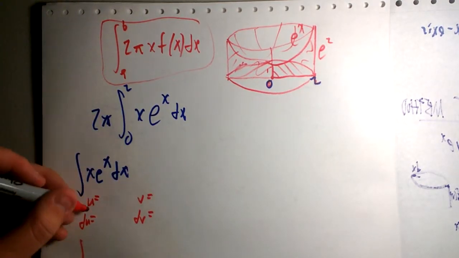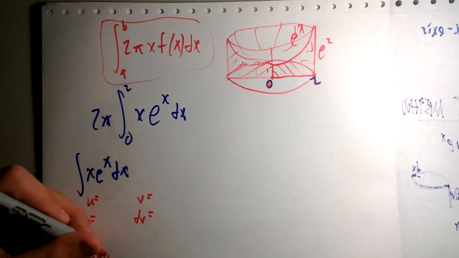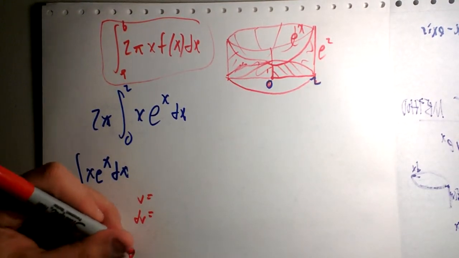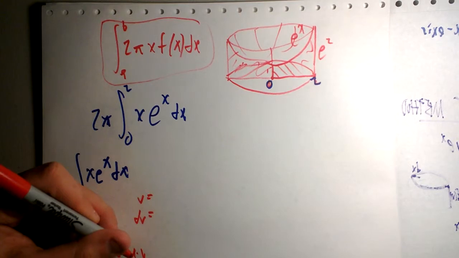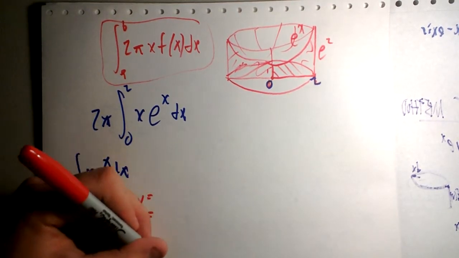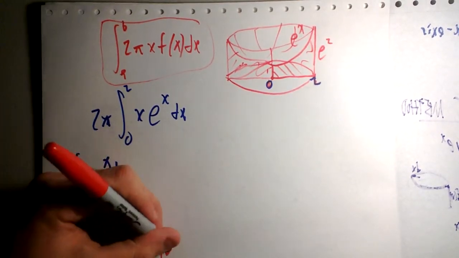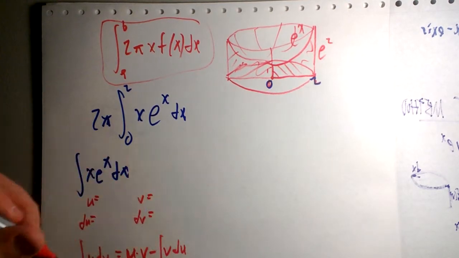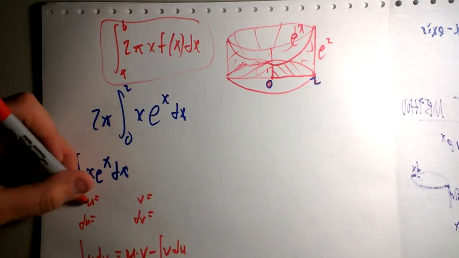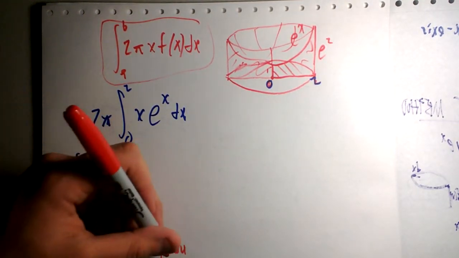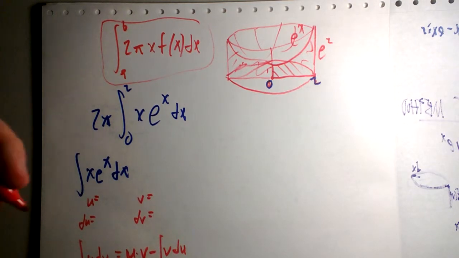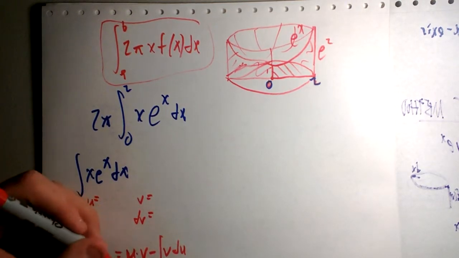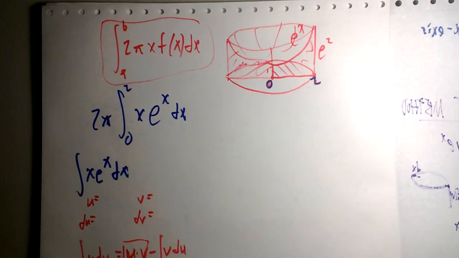It says that the integral of u dv is equal to u times v minus the integral of v du. You just pattern match with these variables: a uv, a u, a v. You might be able to remember it by like uv light. I don't know. You can decide these things.